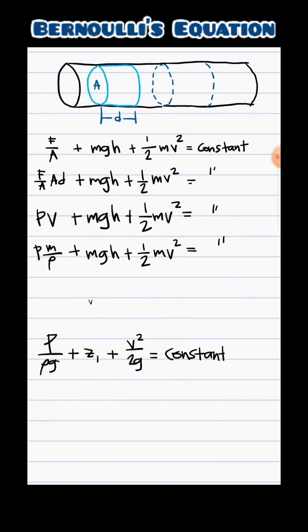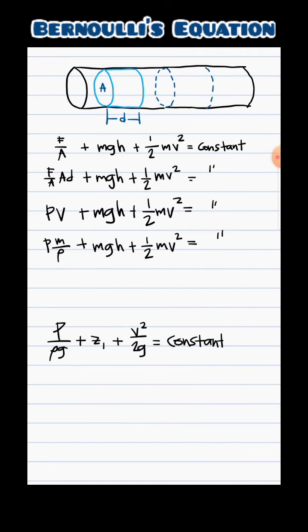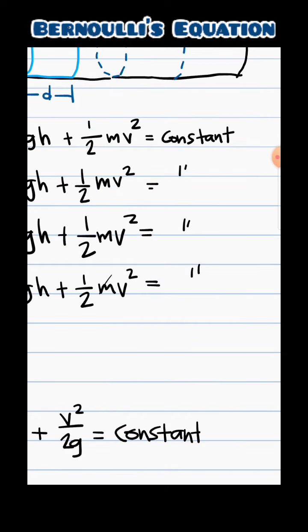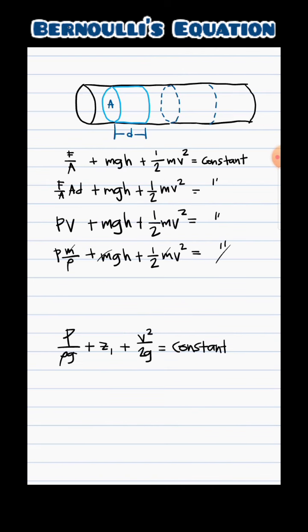By the law of conservation of mass, the mass of the fluid will not change throughout the flow. Therefore, we can cancel out the mass term, on all terms including the right side. So now we're left with pressure over density plus gh plus 1/2 v squared.